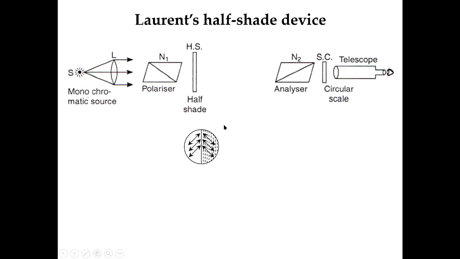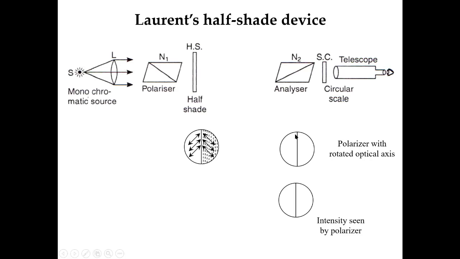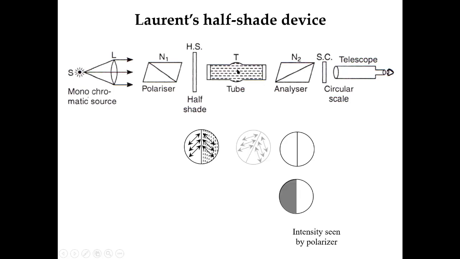So, the light would pass through the half-shade plate, and when this analyzer would see these light rays, the intensity of both the parts of the half-shade plate would appear with the same intensity. Now the tube filled with optically active material is placed in the path of the light.